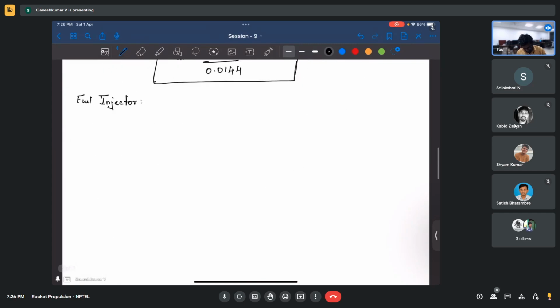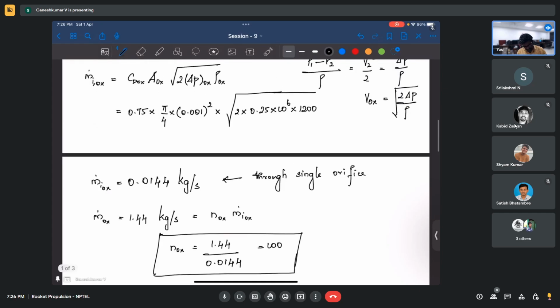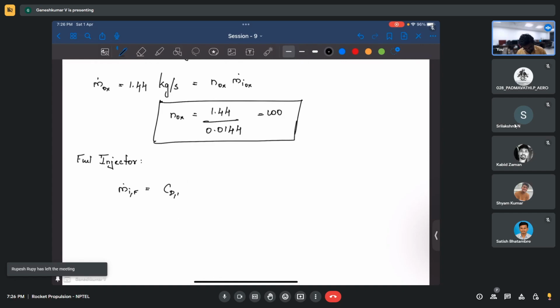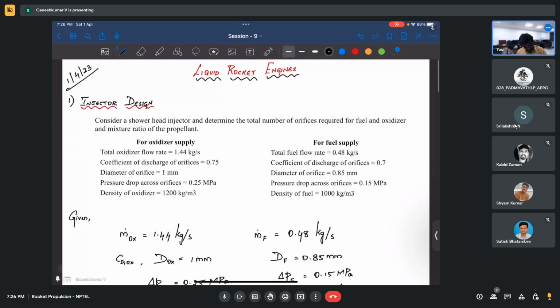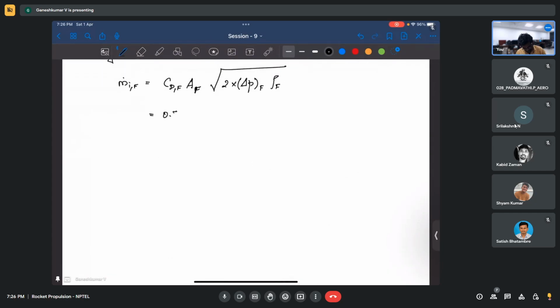Now let's find the fuel injector. Similarly, we need to find the fuel's mass flow rate. We will take the already derived equation: C_D times area of orifice of fuel times square root of 2 times delta P of fuel and density of fuel. So what is C_D? It's going to be 0.7, pi by 4 times 0.85 mm square, so it's 10 power minus 3, right?